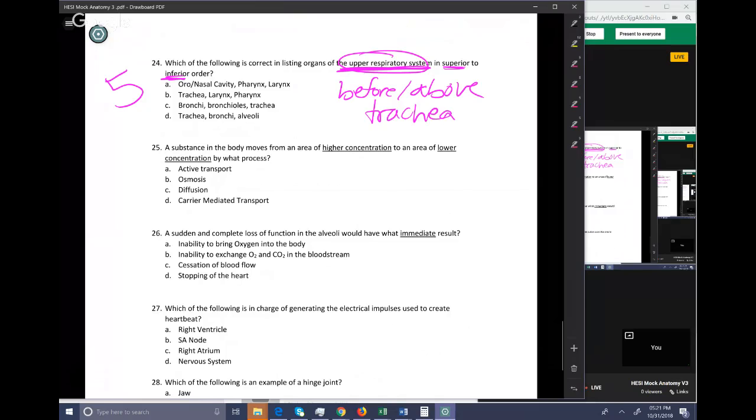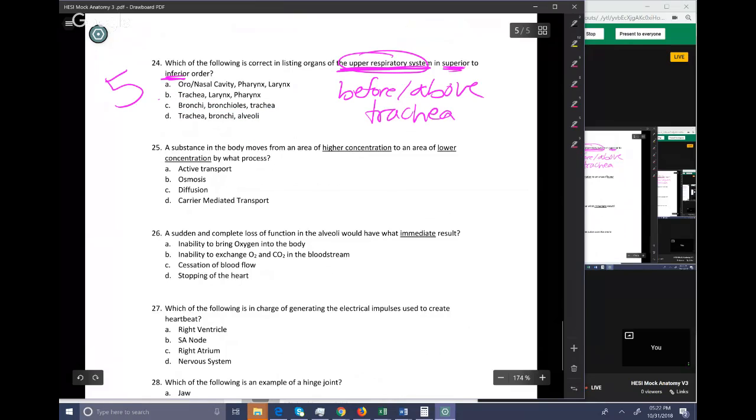That actually makes it easiest, because you've got trachea there, you've got bronchi and bronchioles, and you've got alveoli, which are absolutely in the lower, the lowest of the low on the lower respiratory system. So that gets rid of B, C, and D. If you didn't know that, most of these have something wrong with the order anyway.